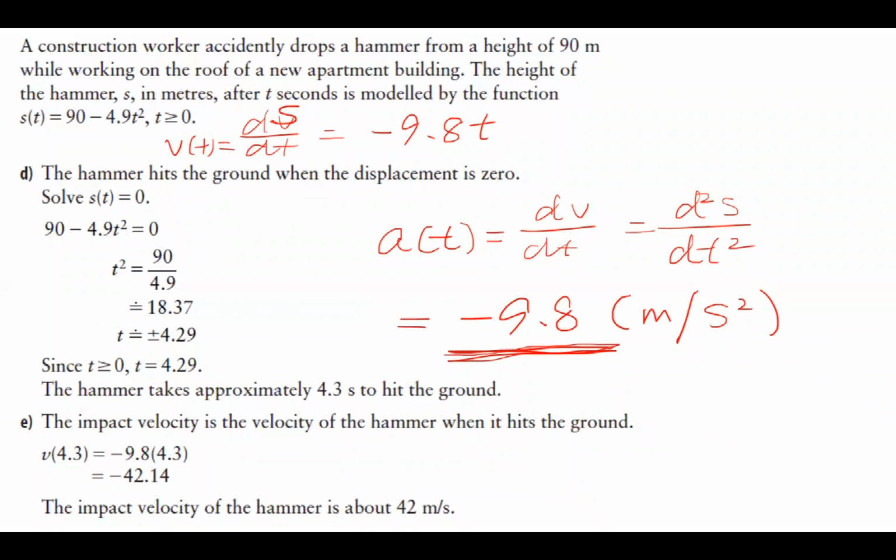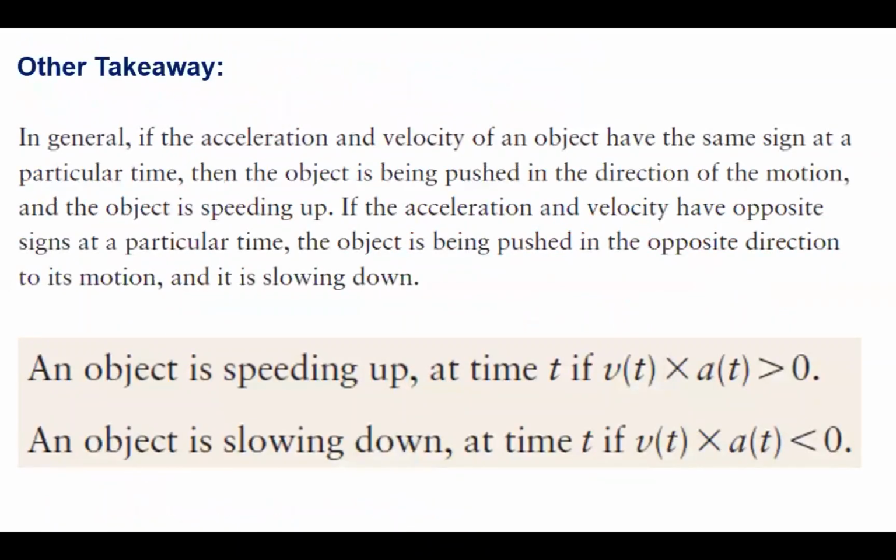Okay, this means at any time t, the instantaneous rate of change of the velocity is negative 9.8 meters per second. So another takeaway of this problem is, in general, if the acceleration and velocity of an object have the same sign at a particular time, then the object is being pushed in the direction of the motion, and the object is speeding up.